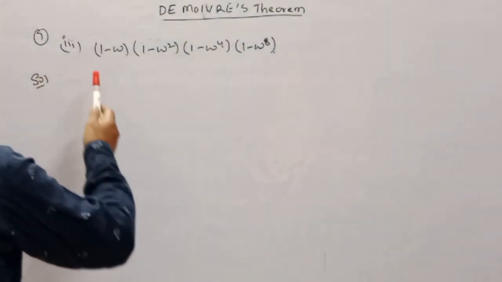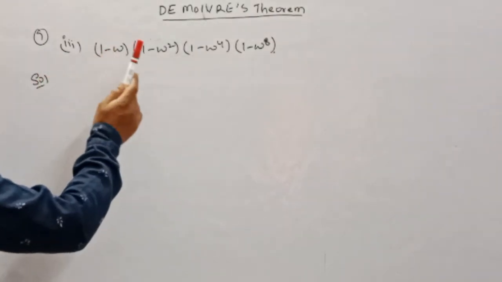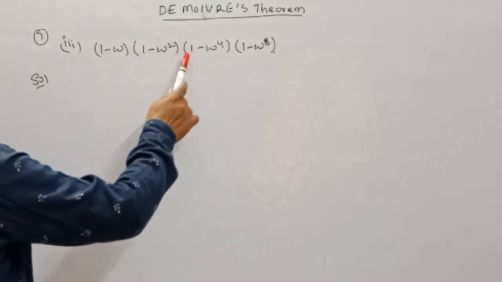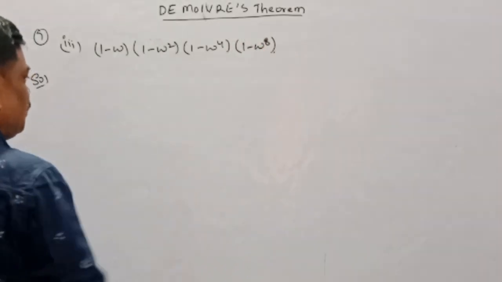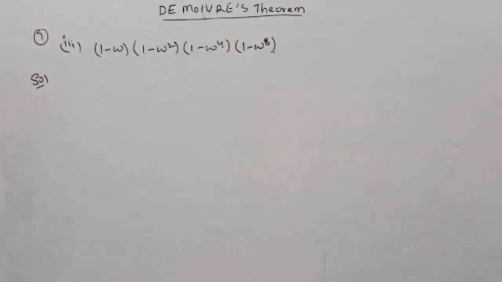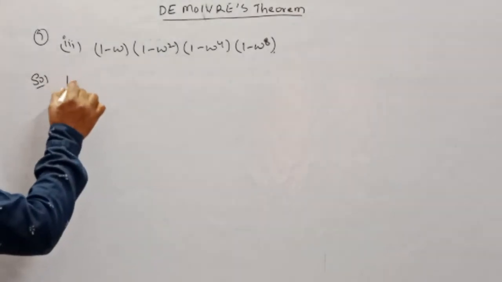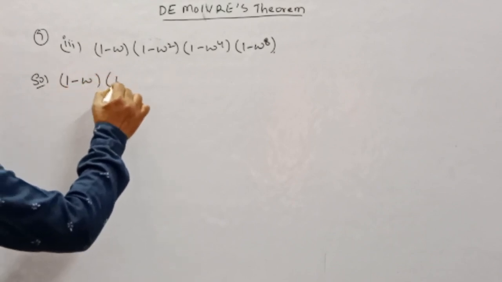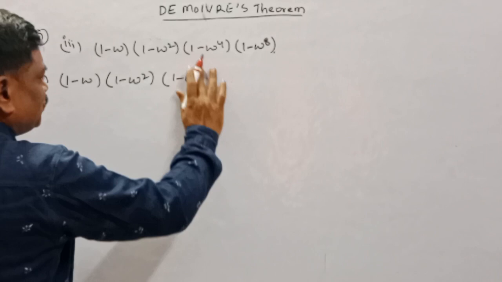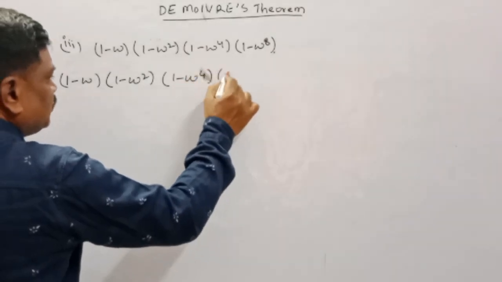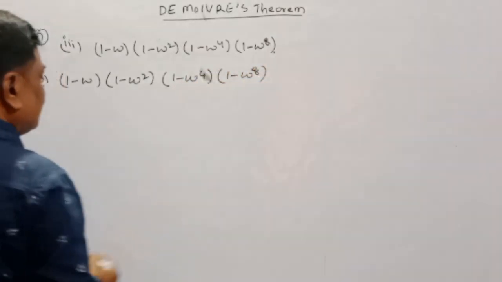Here, the next problem: (1 minus omega square)(1 minus omega power 4)(1 minus omega power 8). So we have to find the value of the given expression. We have given (1 minus omega square) into (1 minus omega power 4) into (1 minus omega power 8).